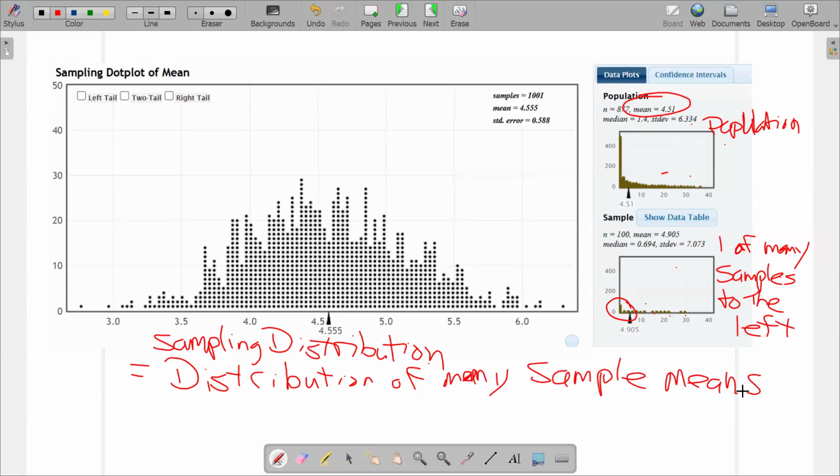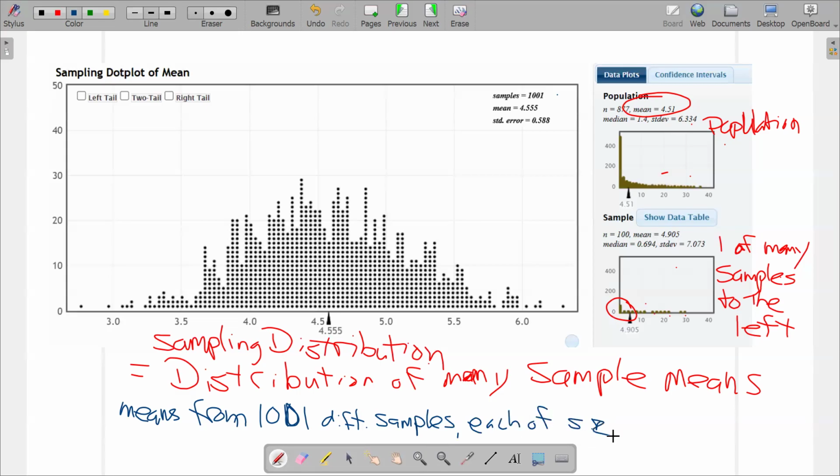So in this case, I have means from 1,001 different samples, each of size 100.